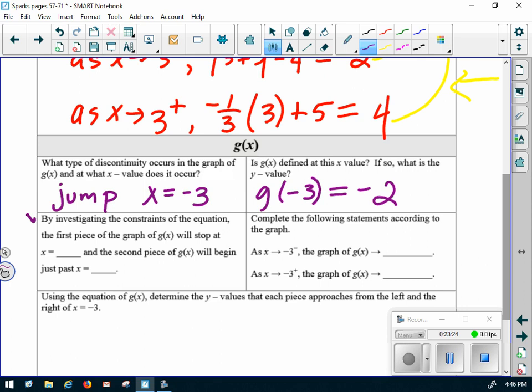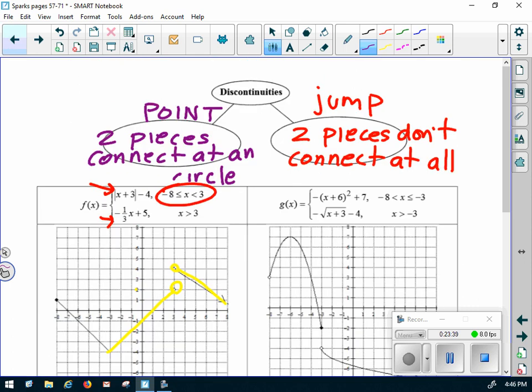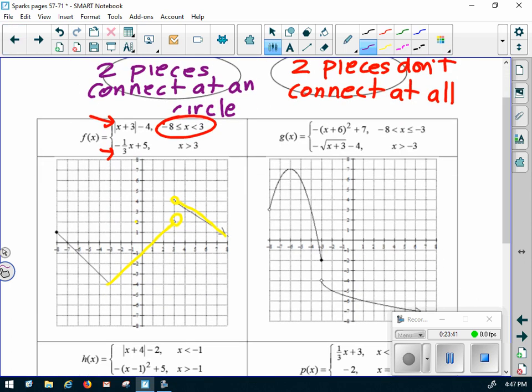We're right here. By investigating the constraints of the equation, the first piece of the graph will stop at x equals what, and the second piece will begin just past x equal what. So I'm on G. Now notice the first piece of the graph stops at x equal negative 3 because this graph owns the fence at x equal negative 3.